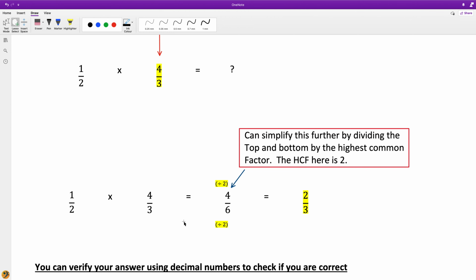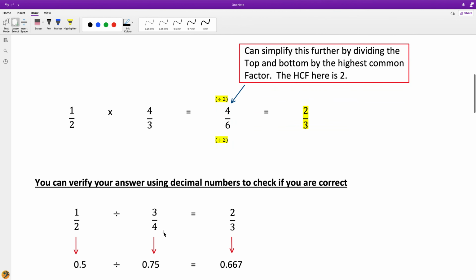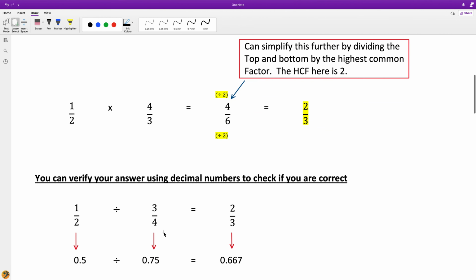The really cool thing in maths is you can actually prove your answer a lot of the time to make sure whether you are correct or not. In this case, we can prove our answer by converting our fractions into decimal numbers. That's pretty easy on a calculator.